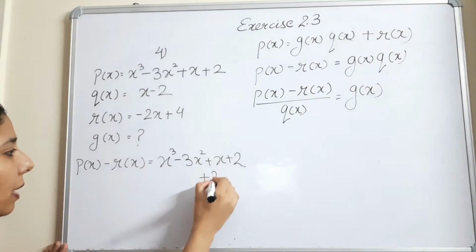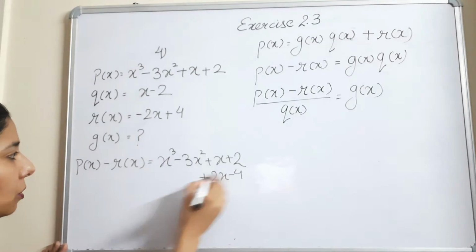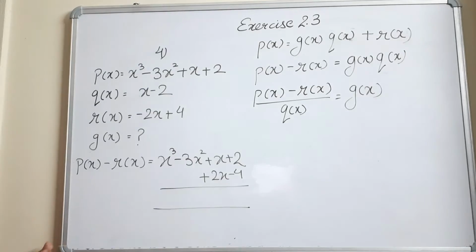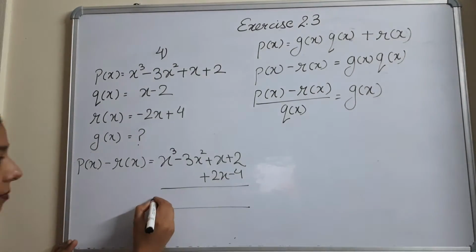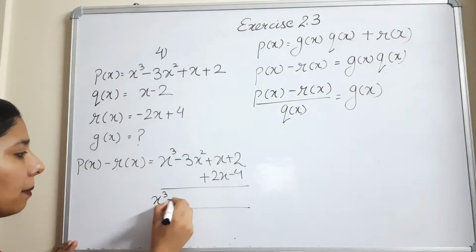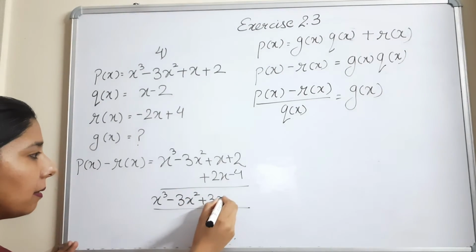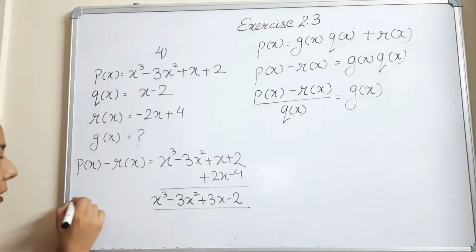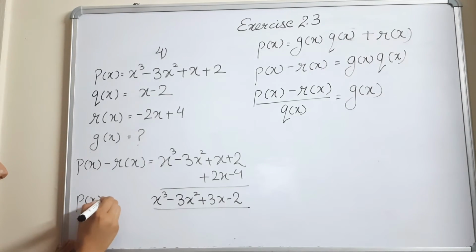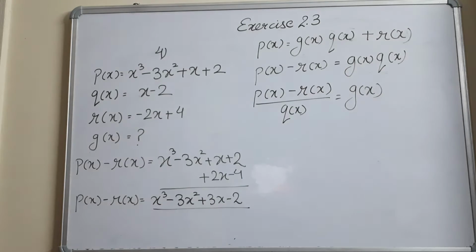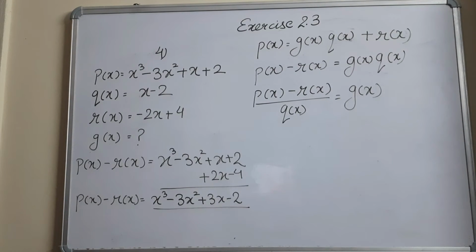It is plus 2x and minus 4. So px minus rx will come out to be, write it here, x cube minus 3x square plus 3x minus 2. So this is px minus rx. Fine, note it down in your notebooks.